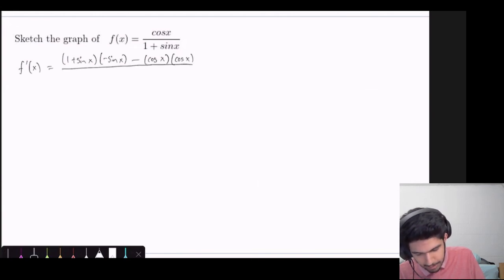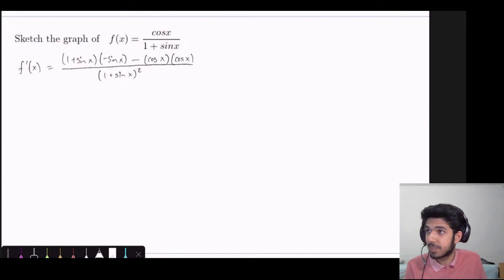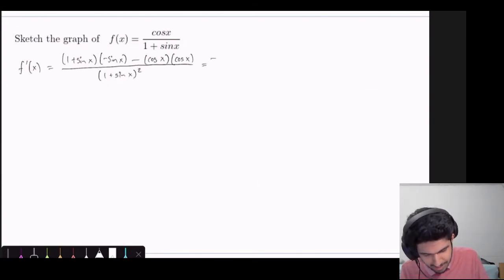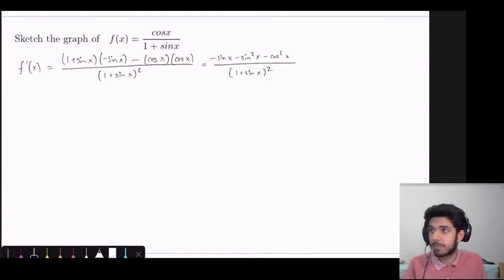All of this divided by 1 plus sine x, quantity squared. So this is equal to negative sine x minus sine squared of x minus cosine squared of x, all of this divided by 1 plus sine x squared.